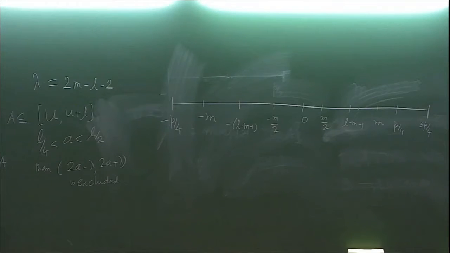Okay, in this model, what do we know? We know that k equal to 2, therefore minus m by 2 to plus m by 2 belongs to A minus A. And also, this tells you that L minus m minus 1 by k, m over k is not in A minus A, I can take k equal to 1. Therefore, L minus m minus 1 to m does not have any element.